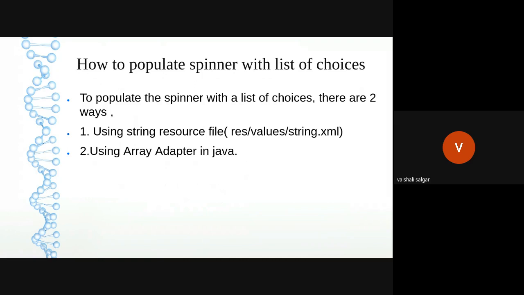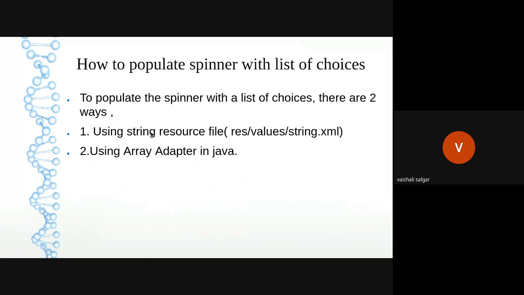The first way, which is a simple way to add the values to the spinner, is by using a string resource file. Where is this file located?